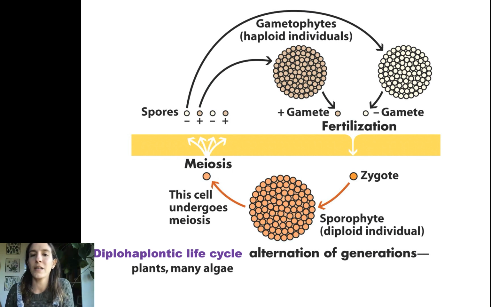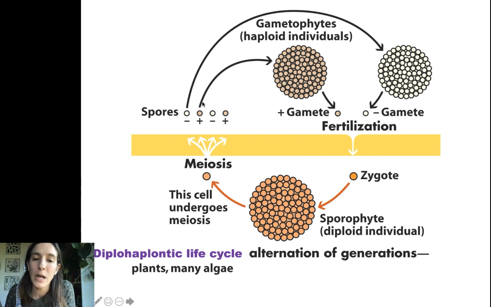And this is a fancy type of life cycle because we've got 2 versions of a multicellular organism. One version of this individual is multicellular and haploid, and another version is multicellular and diploid. So we have mitosis occurring in the zygote and in the results of meiosis.